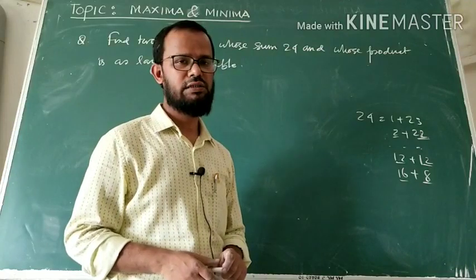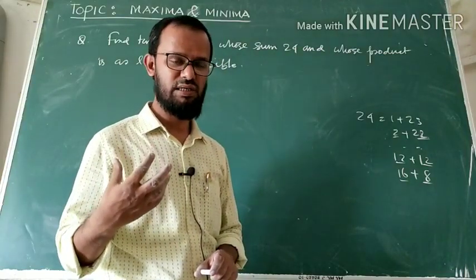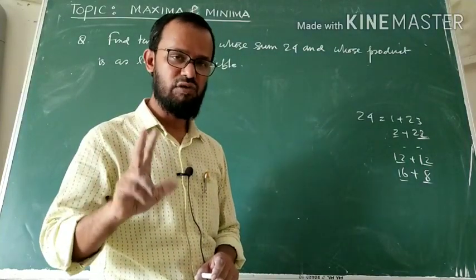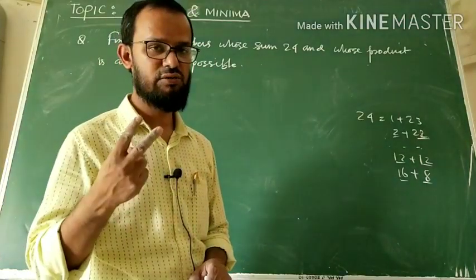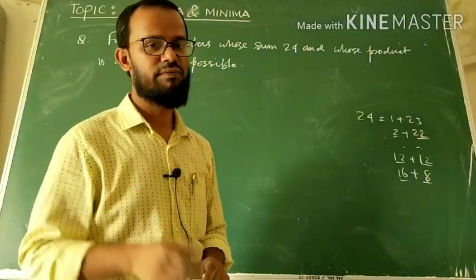The product is largest. आप product largest मिलने के लिए ये 24 को कैसे split करेंगे? How to get two numbers? That is the demand of the question.